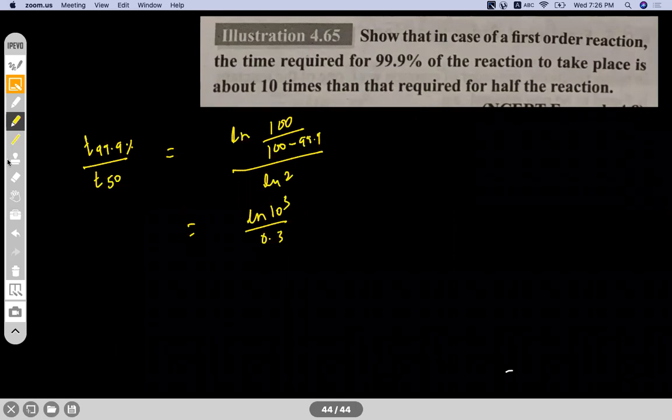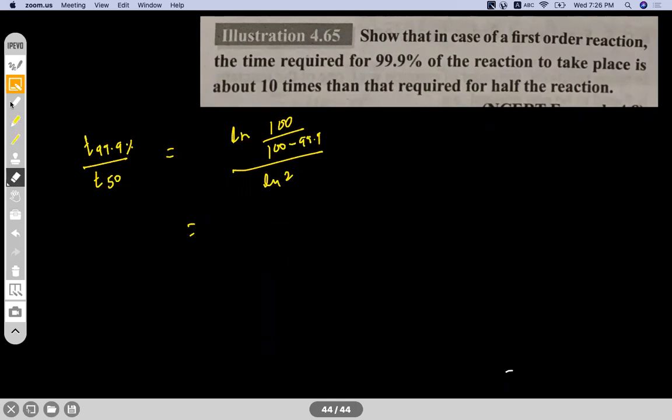So if I take log here, this would be 0.30, and here it will be log of 10 to the power 3.